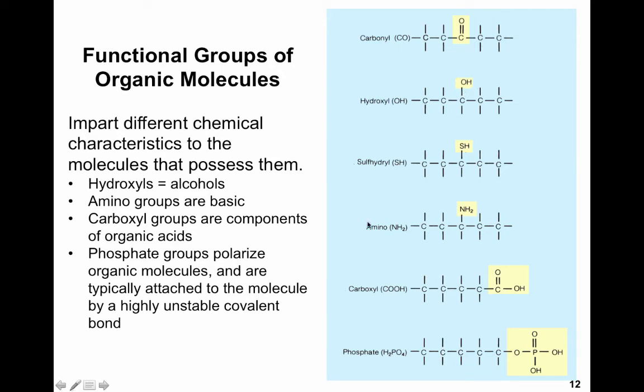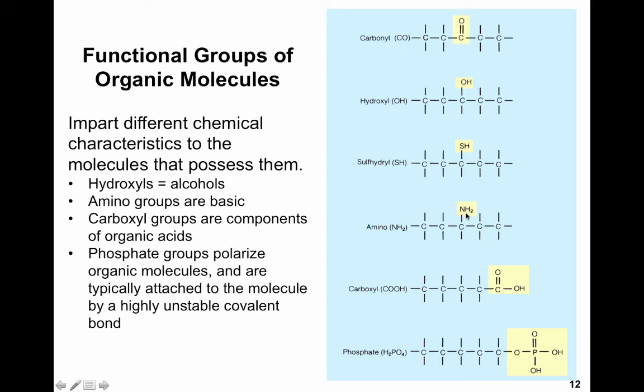So all of the alcohols have OH groups attached to them somewhere. Aminos have NH2s or, depending on how they're bonded, it's possible for that to be an NH group sticking off of the carbon chain. You know probably about amino acids. Amino acids have an amino group off one end of the molecule, and they have a carboxyl group, the third of the four that I think you ought to know, at the other end of the molecule.